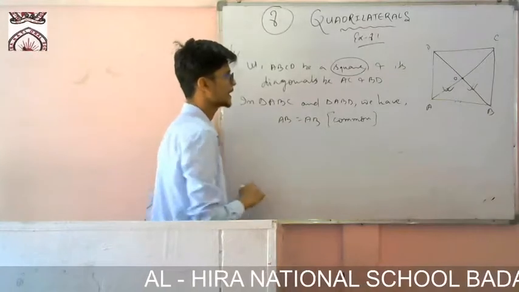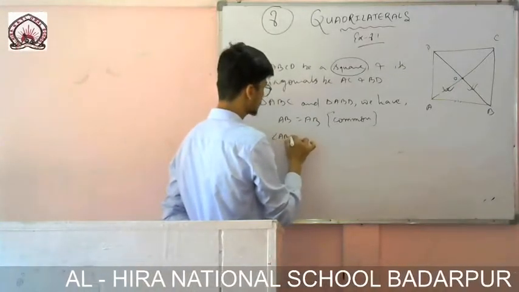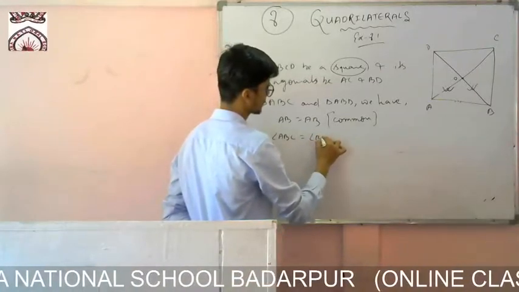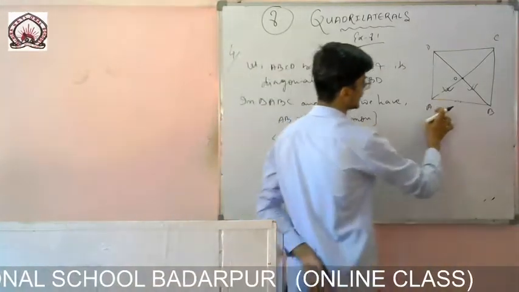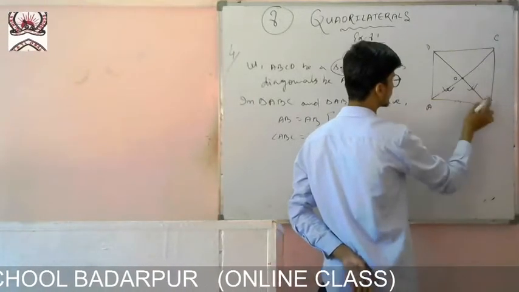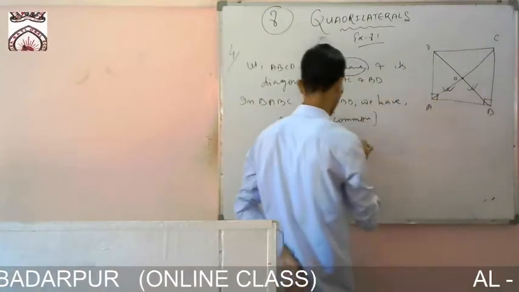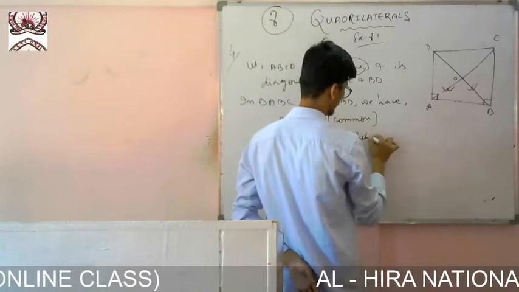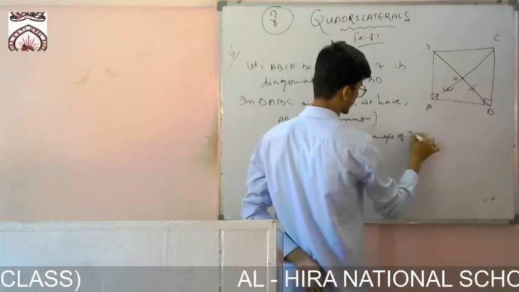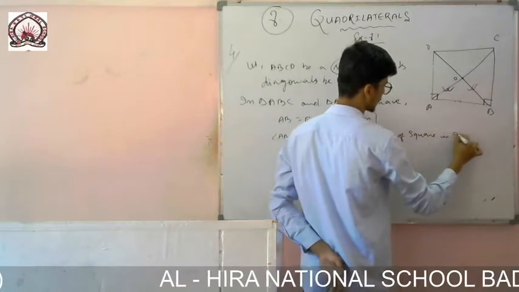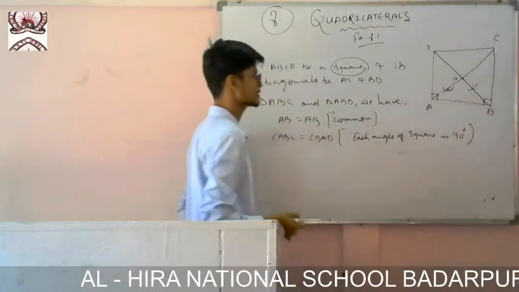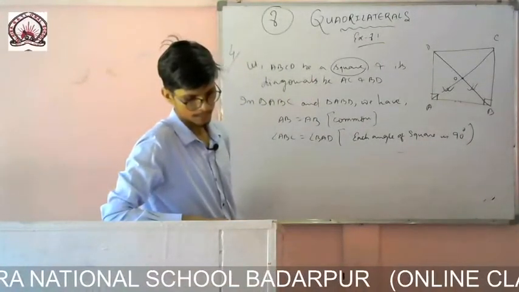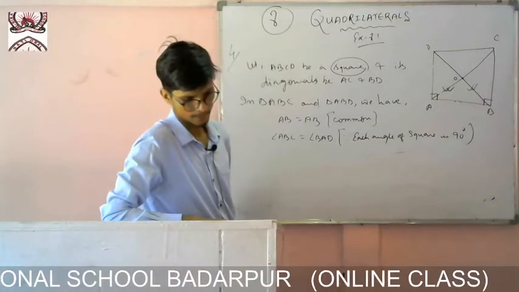So I can write angle ABC is equal to angle BAD, since each angle of a square is 90 degrees. That means this angle is 90 degrees and that angle is 90 degrees.